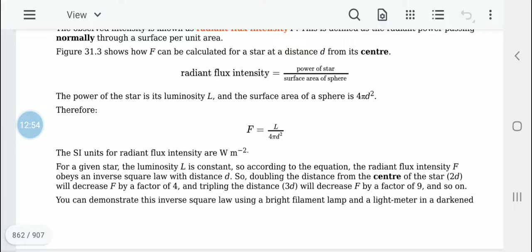As a result, doubling the distance from the center of the star will decrease F by a factor of 4. Tripling will decrease F by a factor of 9, etc.